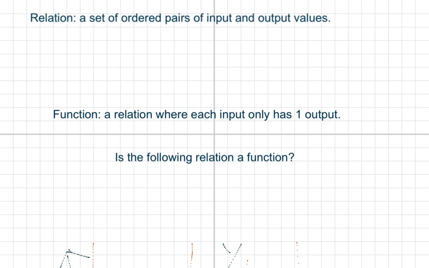I'm going to draw a bunch of vertical lines. Well, vertical by hand, they're obviously not vertical, but I'm trying. No matter where I draw a vertical line, I'm only hitting the graph at one spot, which means every x is faithful. Every input only has one output. Every x only has one y. So this would be a function. This video is over.